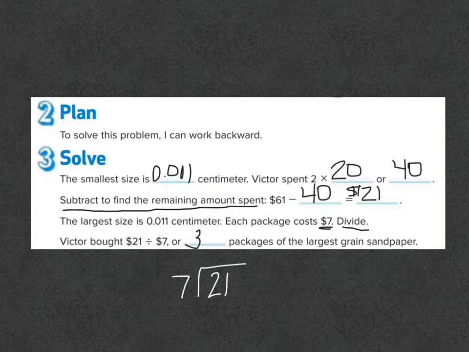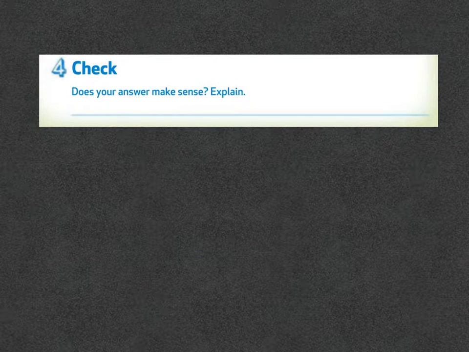And then lastly, we jump to step 4. And step 4 says we need to check, does our answer make sense? And then we need to explain it. I'm just going to write it down here.